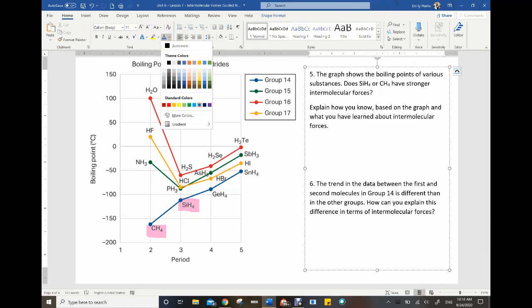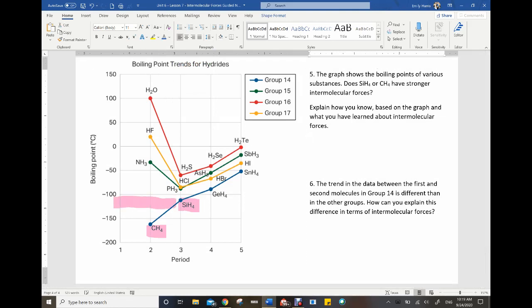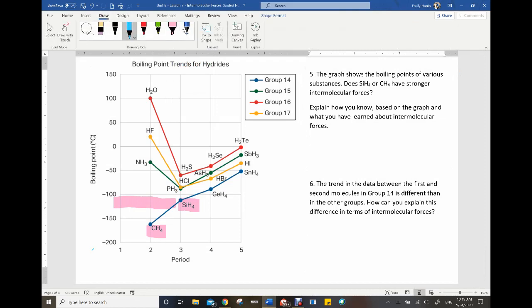All right, so if we look at our graph here, what we are noticing is that SiH4 has a higher boiling point than CH4. Again, remember, as you get closer to the positive numbers, your values are getting bigger in terms of boiling point.